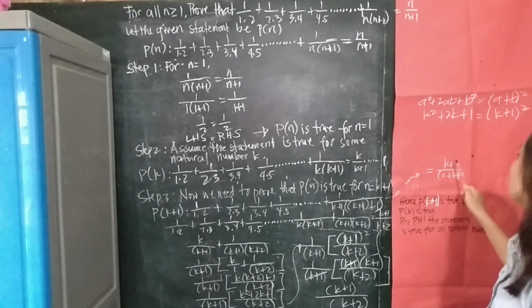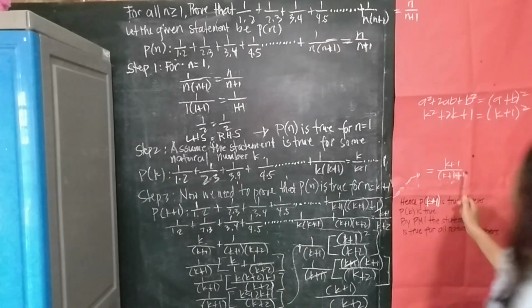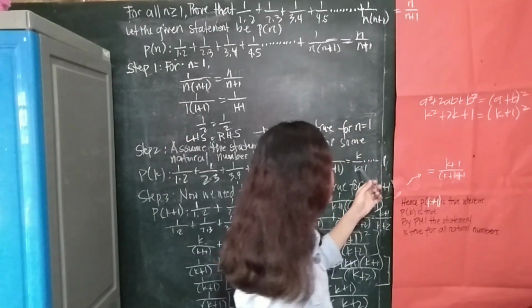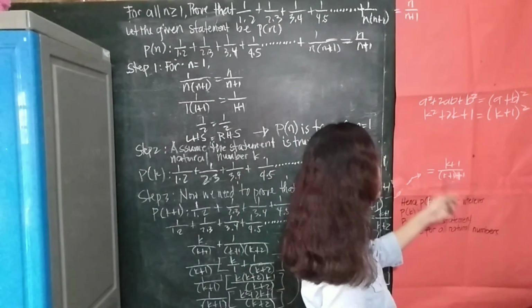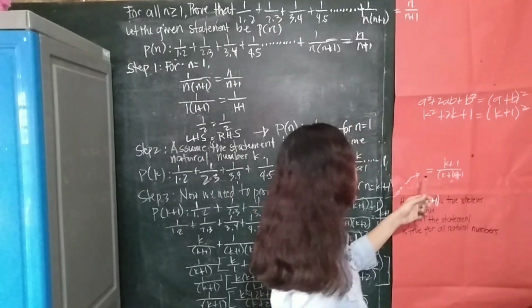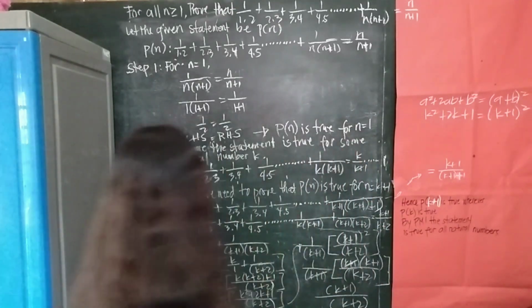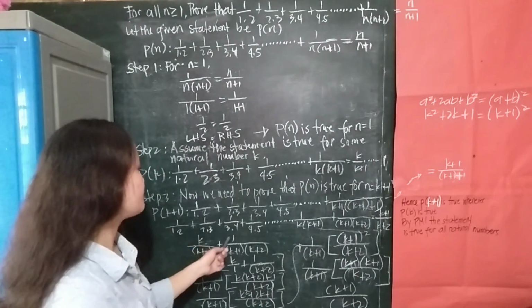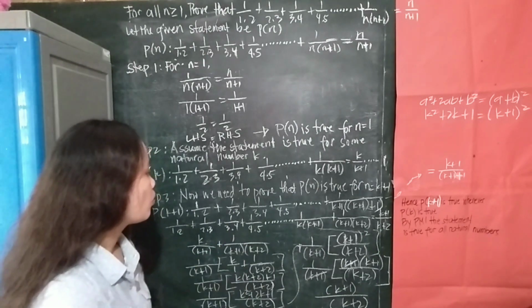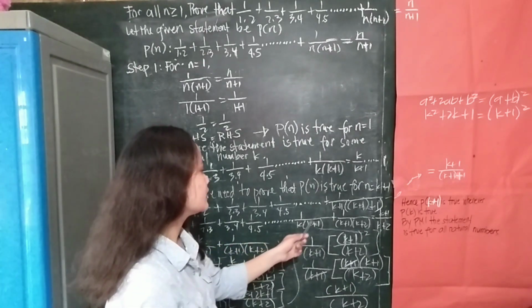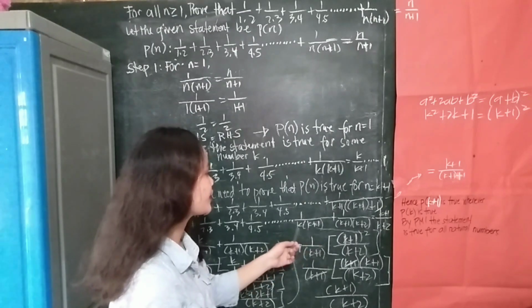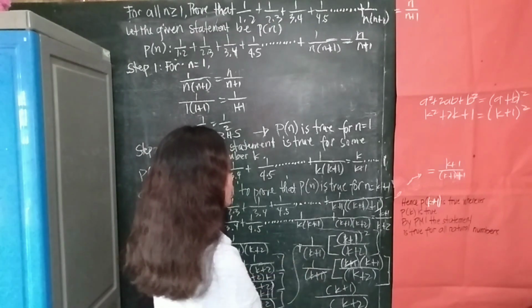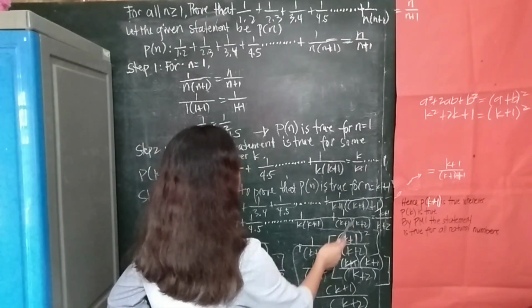K was replaced by k plus 1 over k plus 1 and plus 1. So we have 1 over 1.2 plus 1 over 2.3 plus 1 over 3.4 plus 1 over 4.5, and so on, plus 1 over k times k plus 1, since we are simplifying this term.